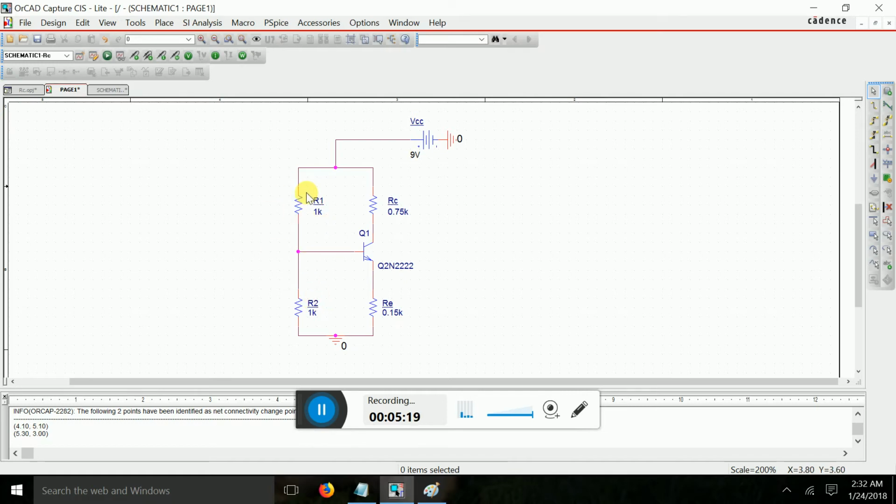Now to find R2 and R1, you must apply KVL at this point. Means the voltage across this, which is 0.7, and the voltage across this will be the voltage across here.